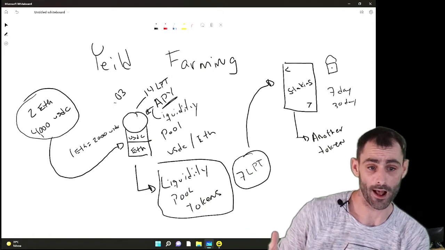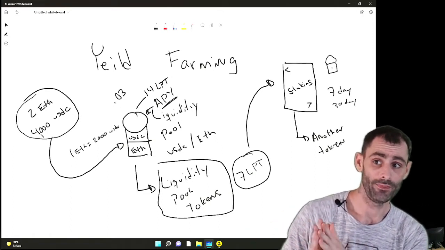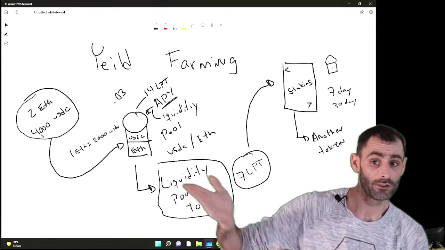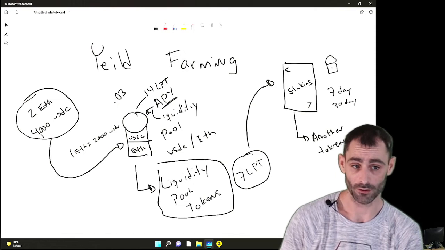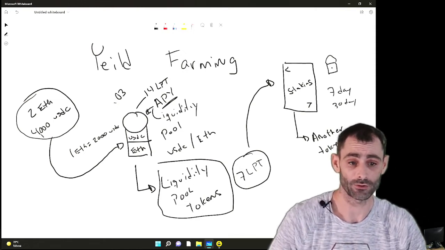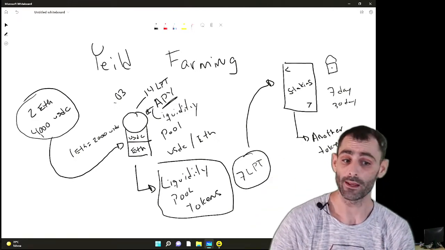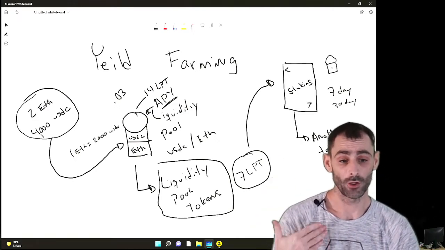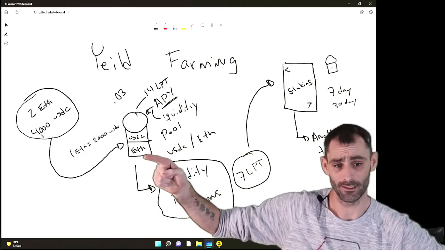Well, most of the time, the people that are incentivizing you to do yield farming are the decentralized exchanges. All right. Maybe you're familiar with Uniswap. It's a decentralized exchange, like the go-to decentralized exchange for the Ethereum network. Now, in order for people to use Uniswap, there has to be liquidity.